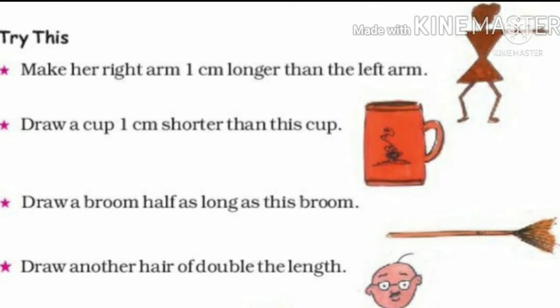In the second one, draw a cup 1 centimeter shorter than this cup. The height of the given cup is 2.4 centimeter. So 1 centimeter shorter means you have to draw a cup with height 1.4 centimeter.